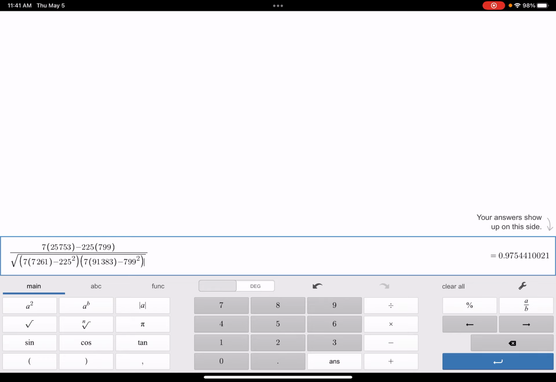So that's the problem. Just simply click enter.